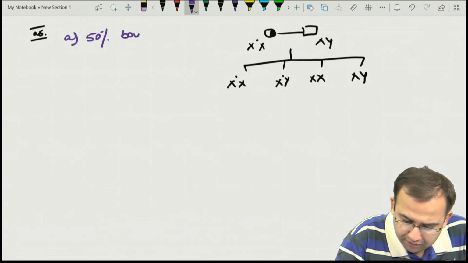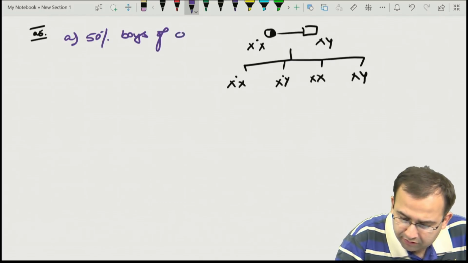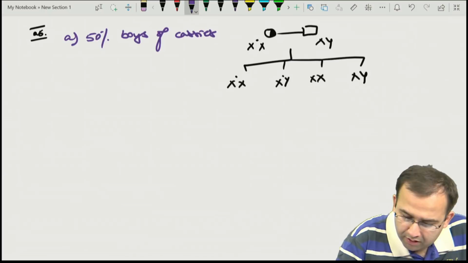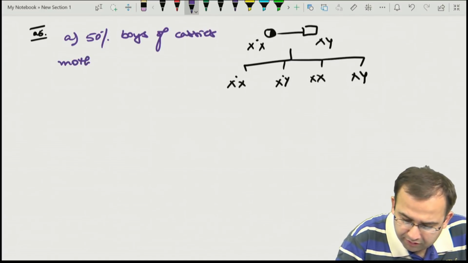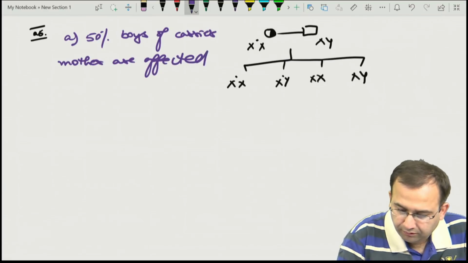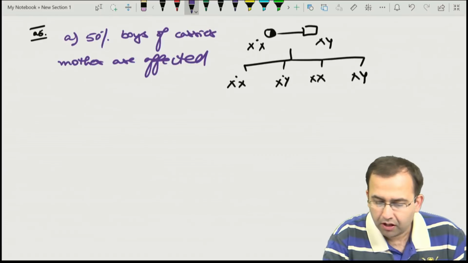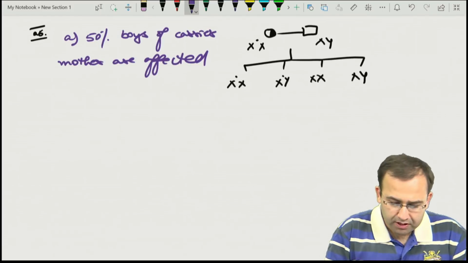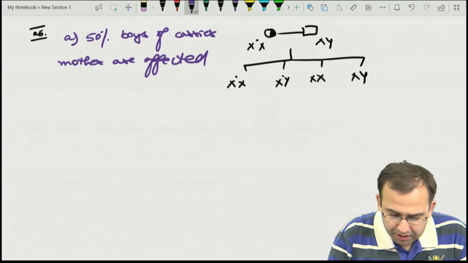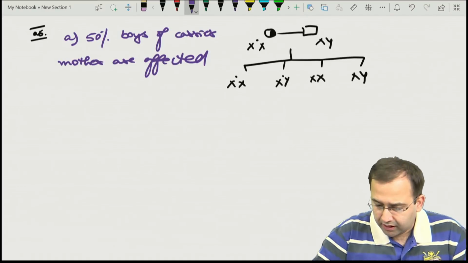That is, 50% of boys of a carrier mother are affected. Next, let us have a look at the other options. Option B, 50% of girls of an affected father are carriers.